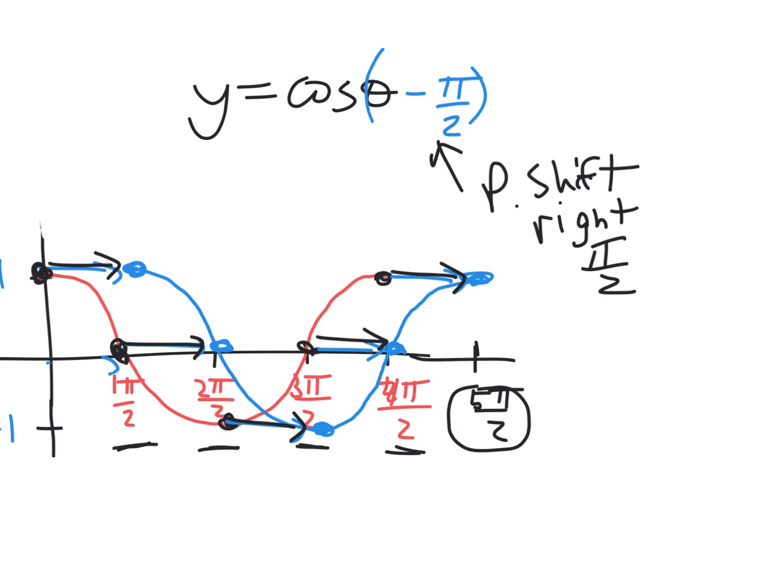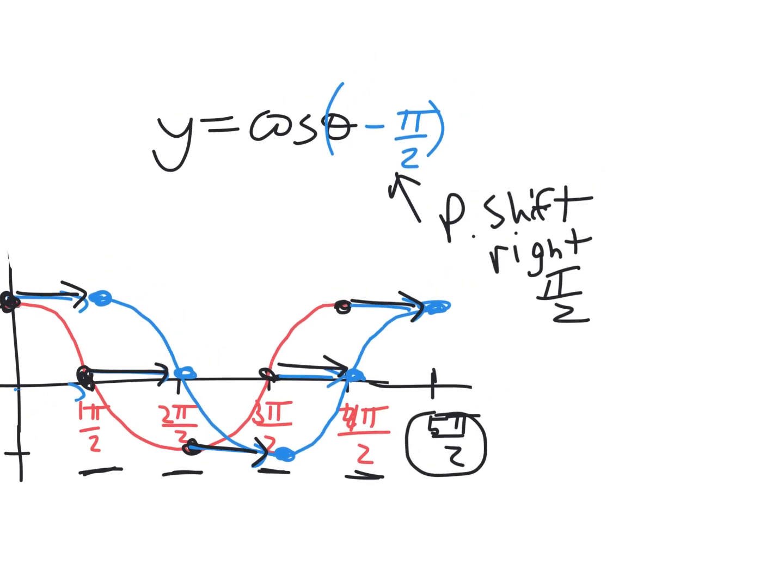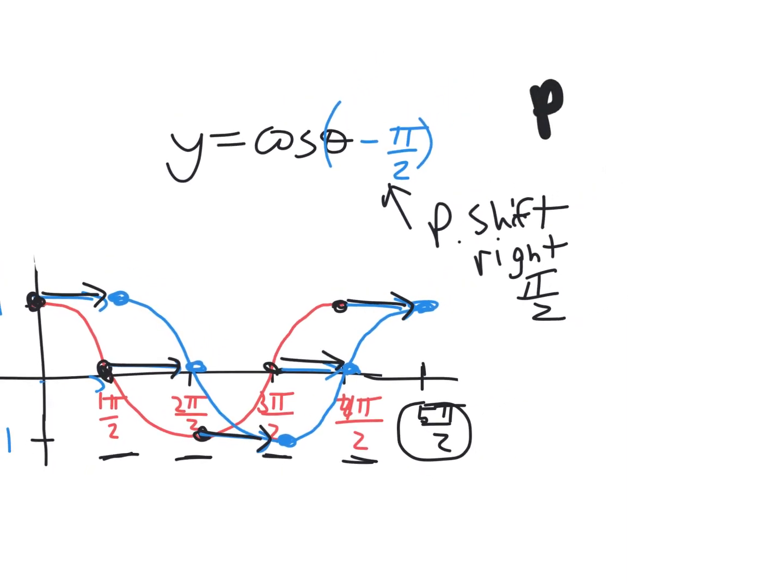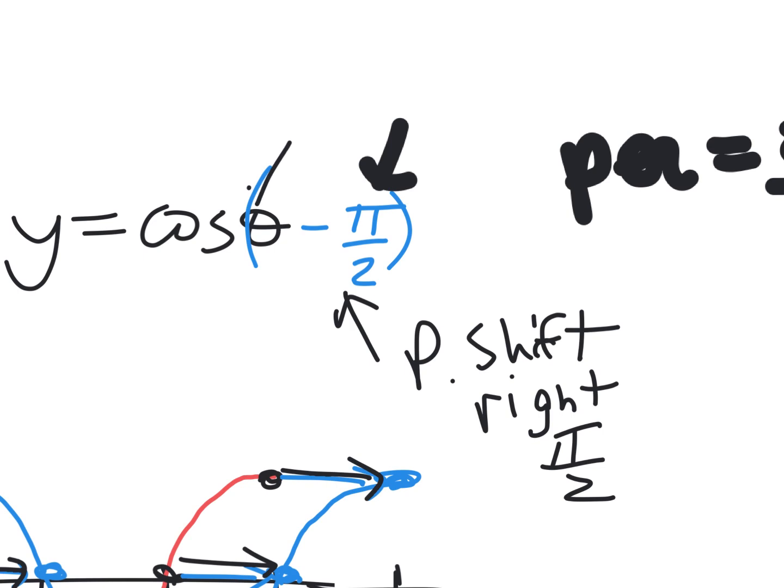Okay, now, did that change the period? I gave you a little formula for period. It's 2 pi over what? B. Is this B? No. B would be if there was a number in front of that.